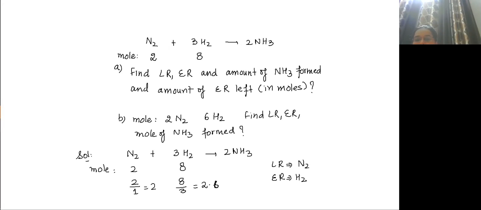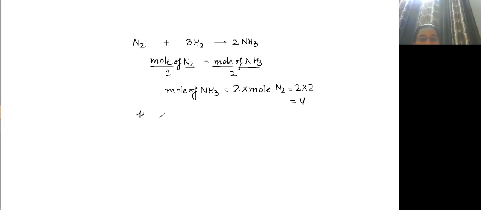Now you have to find out the amount of excess reagent remaining, meaning H2 left. So H2 left will also be found from N2. Moles of N2 divided by 1 is equal to moles of H2 by 3.